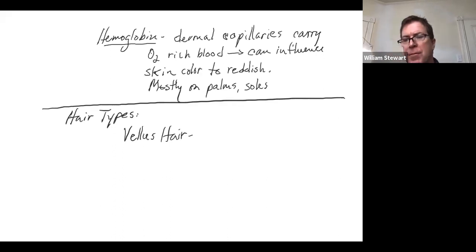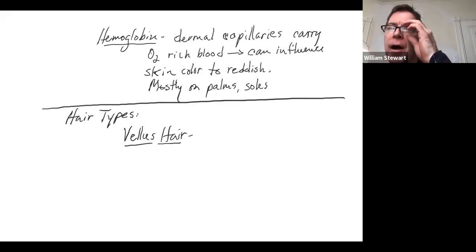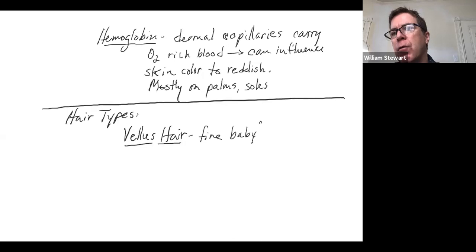Vellus hair tends to be the super fine, what you and I call baby hair, because when all humans are first born, they're covered with this little tiny super fine hair all over their bodies. That's super fine. I'm going to put baby hair in quotes.